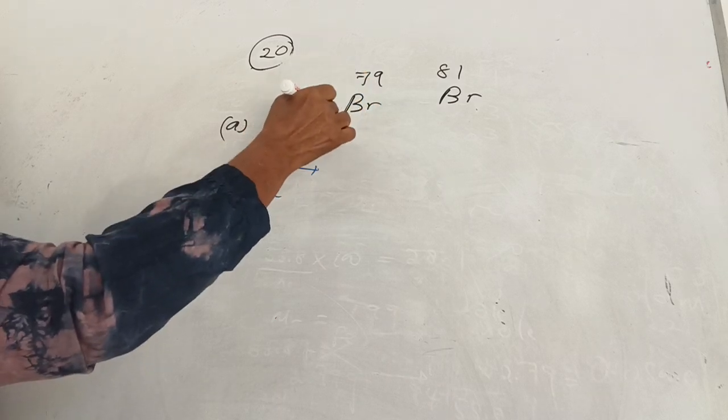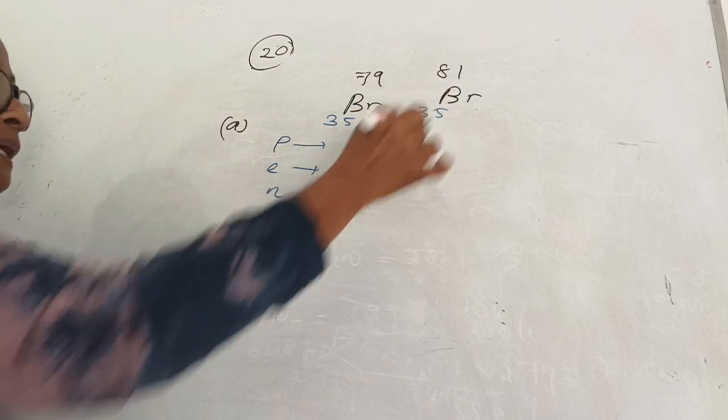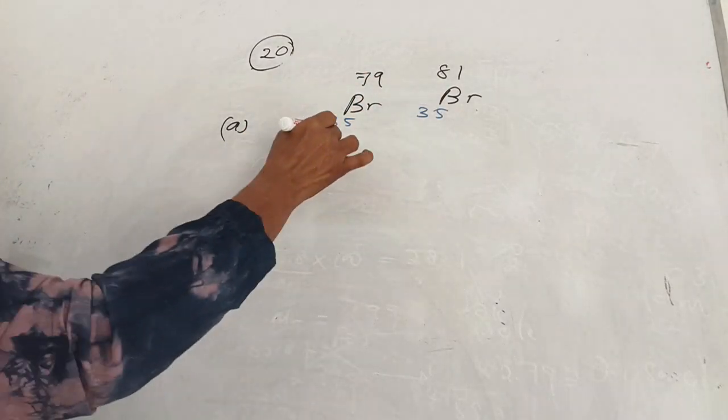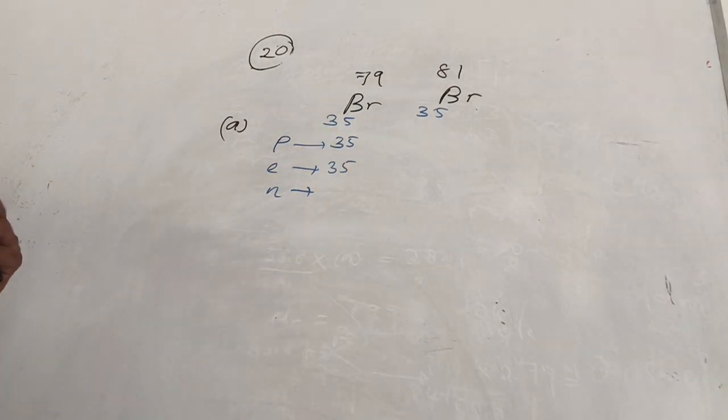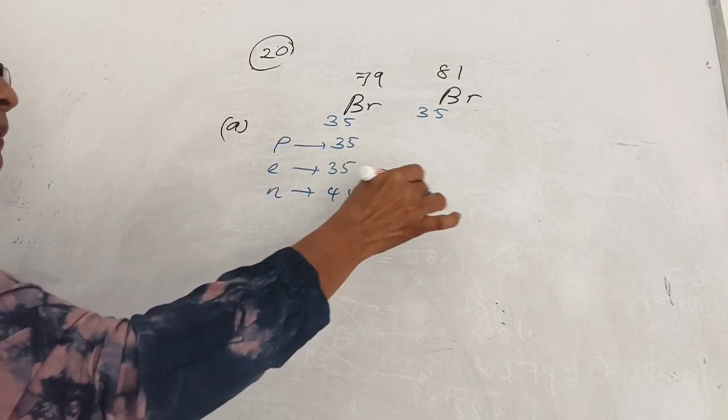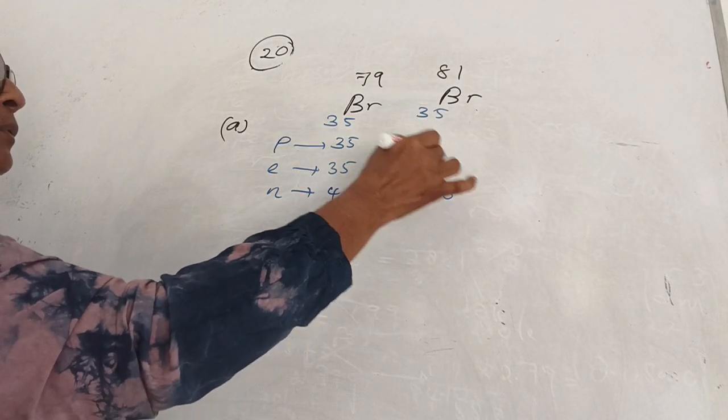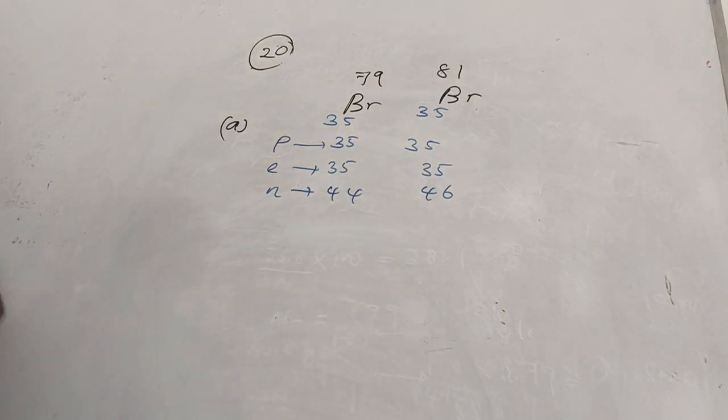For both of these, 35 would be the atomic number, so protons are 35 for both of them. Neutrons for bromine 79 would be 44. The number of neutrons varies, but the protons and electrons are the same for both, which gives you 2 marks.